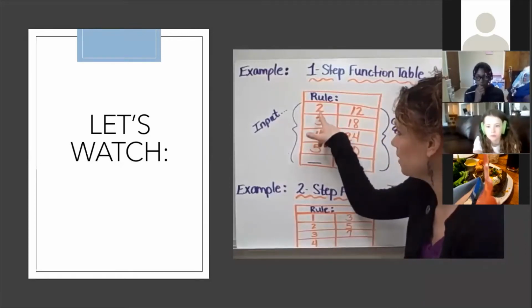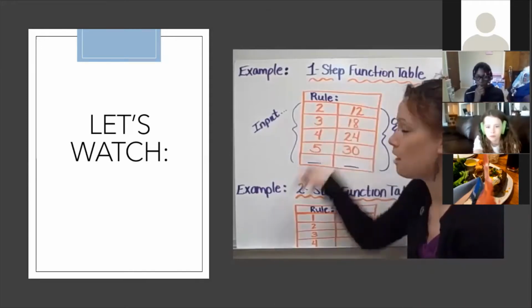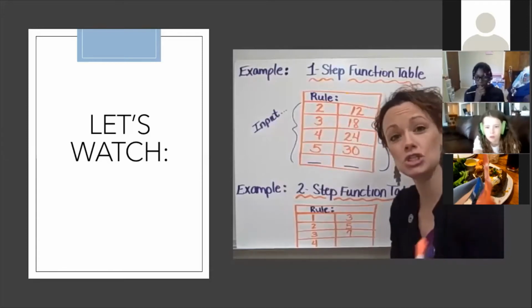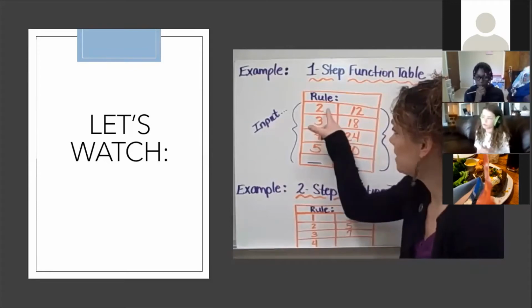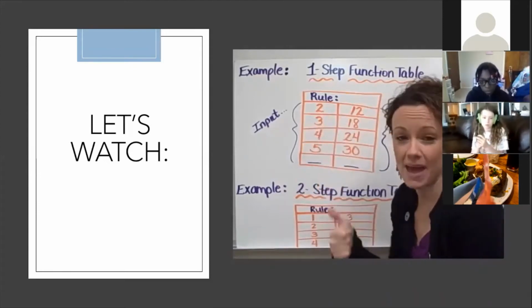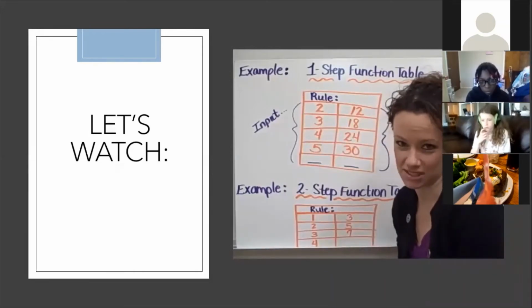So let's take a look at our first example. Our first number of input is the number 2. We put it into our function machine and it comes out looking like a number 12. So we have to ask ourselves, what is done to 2 to make it become 12? Now we notice that to get from 2 to 12, we have to go up. And to get up mathematically, you're either doing addition or multiplication most of the time.